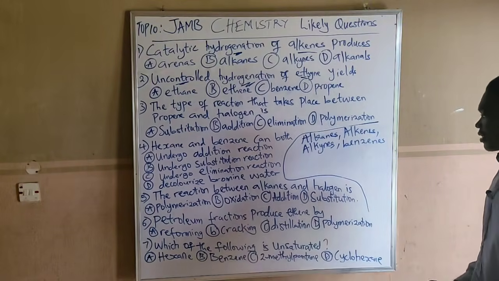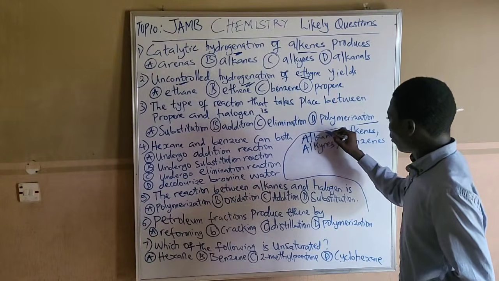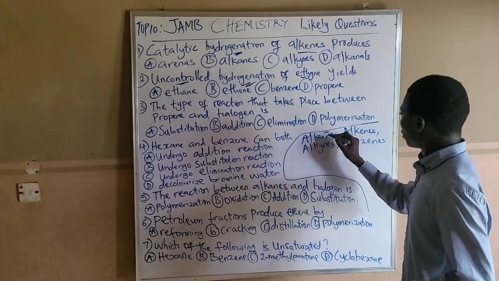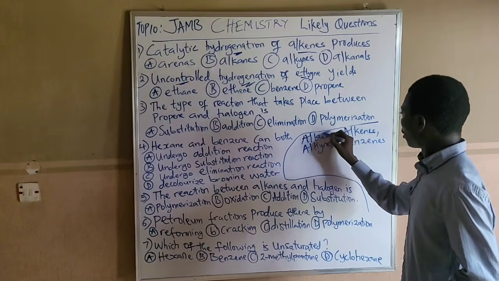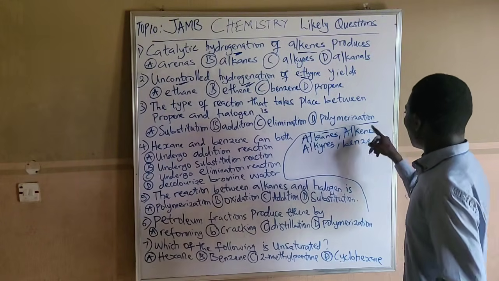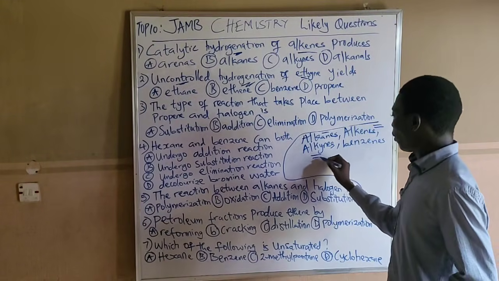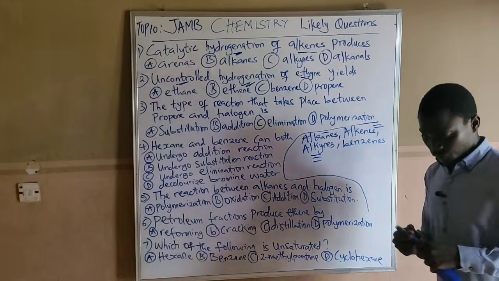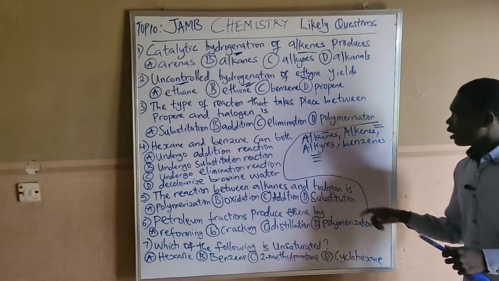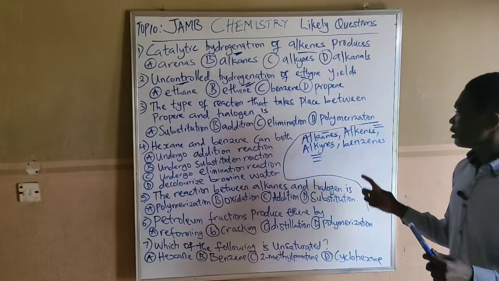Now, the thing is that alkanes have single bonds. Alkenes have double bonds. Alkynes have triple bonds. And benzene, you see, is unsaturated.